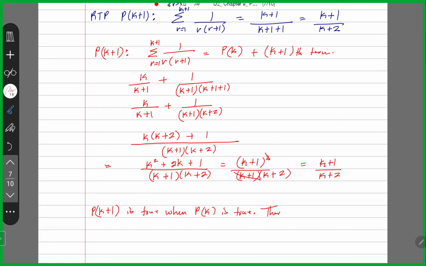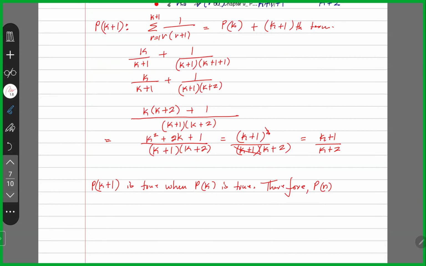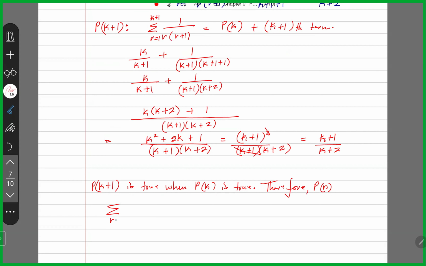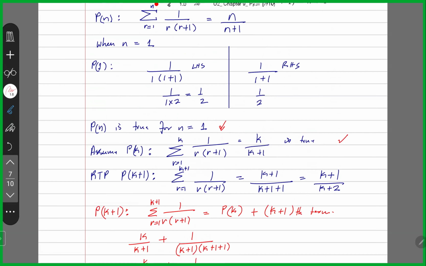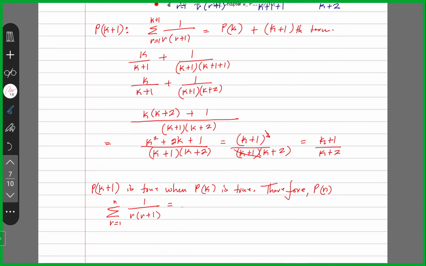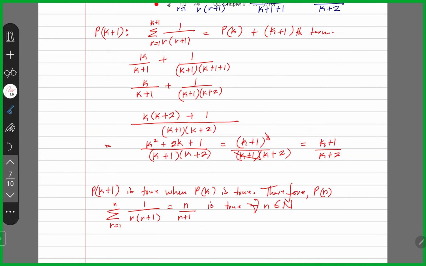Therefore, Pn, which is the statement, the sum from r equals 1 to n of 1 over r into r plus 1 is equal to n over n plus 1, is true for all n, which is an element of the set of natural numbers.